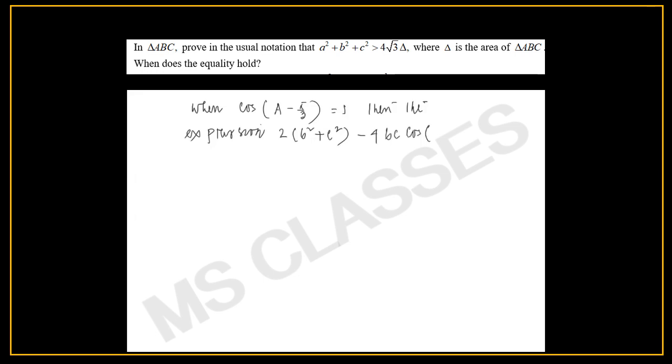Here, when cos of A minus pi by 3 equal to 1, then the expression twice b square plus c square minus 4bc into cos of A minus pi by 3 reaches its minimum value.